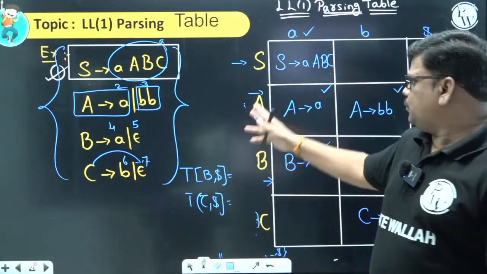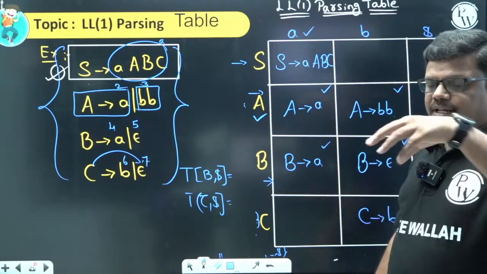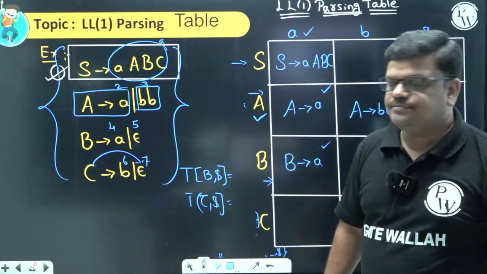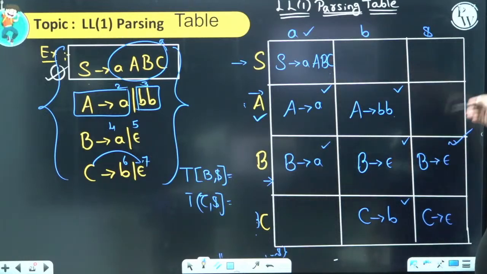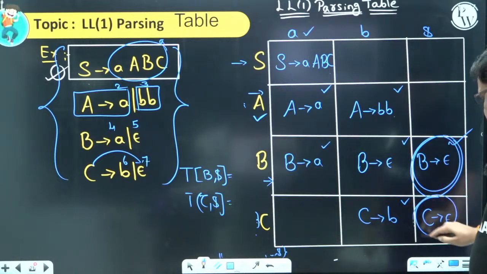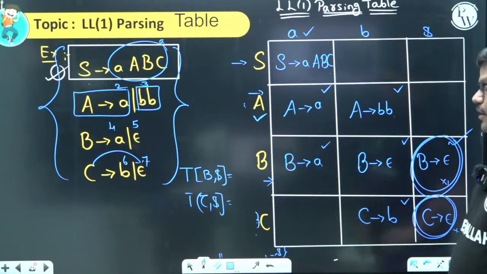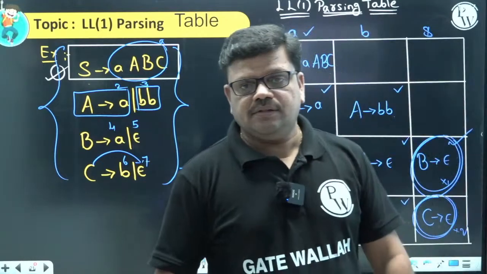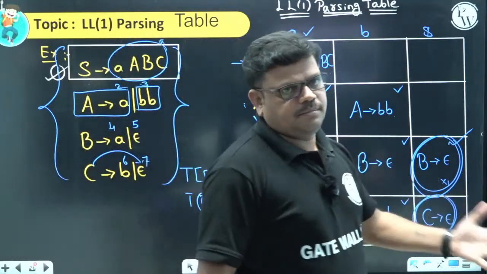They will not ask you to construct the total table. They will ask you to identify some particular cells. What is this cell? Is there any entry on this or not? They will mark some x1 here, x2 here. What are the values of x1 and x2? These general types of questions are asked many times in previous papers.